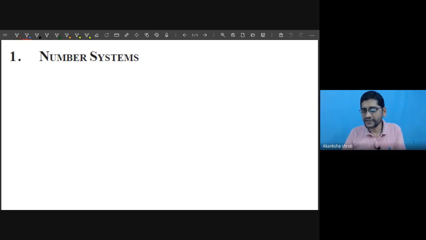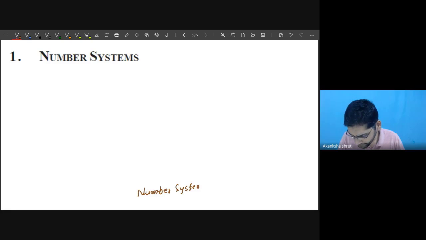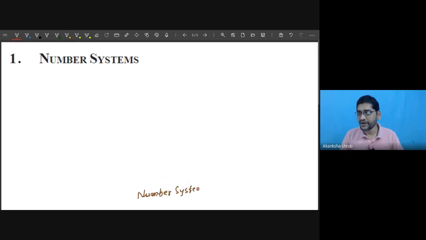So let us start with our first chapter, number system. In this number system, we have to learn about the types of numbers. The very first concept we need to understand is the various types of numbers.